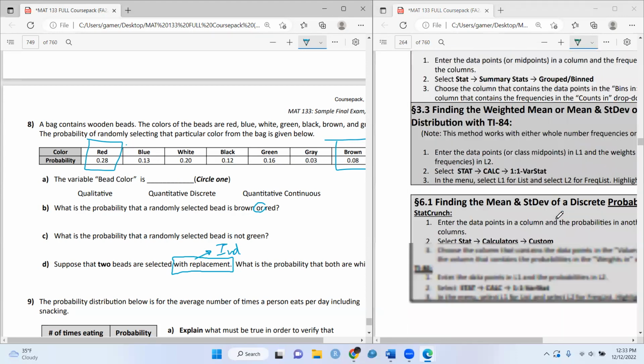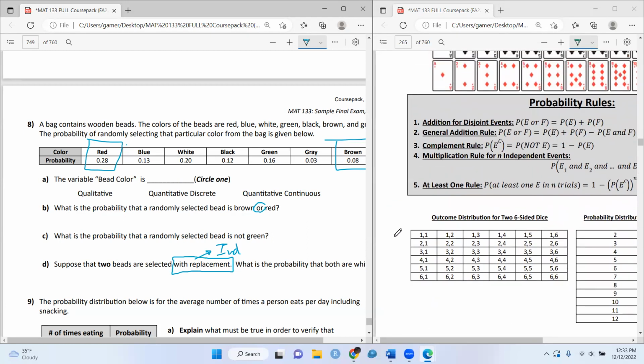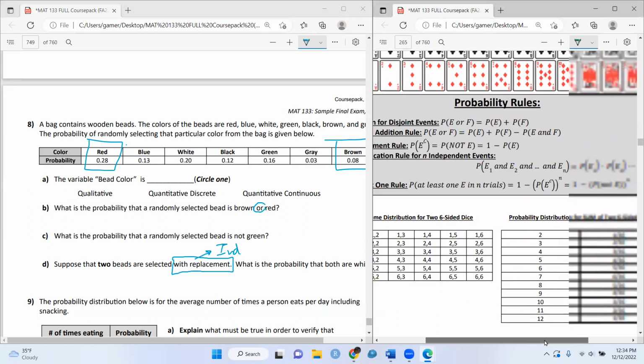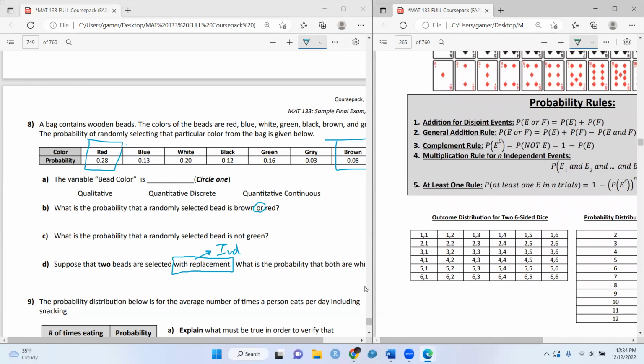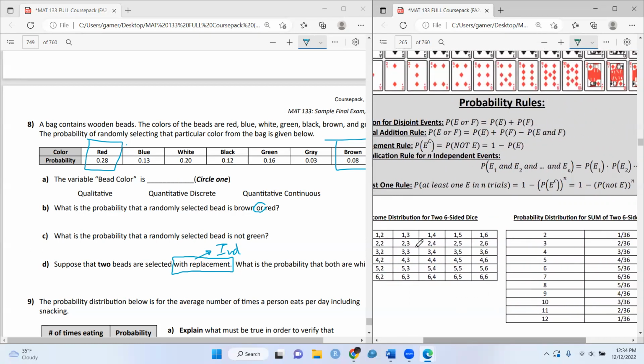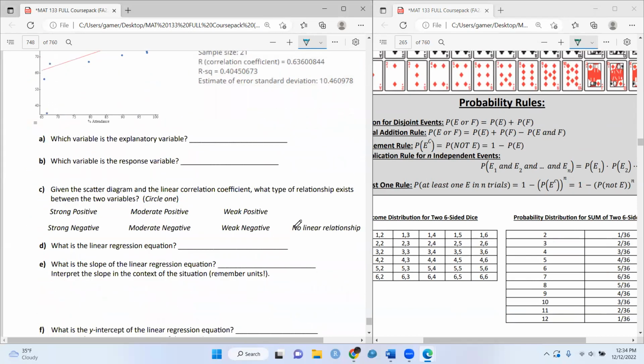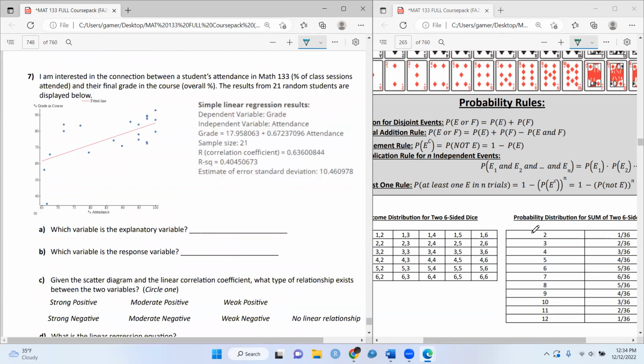Let's see, on your reference sheet, take a look at number 4 and see what that tells you to do.